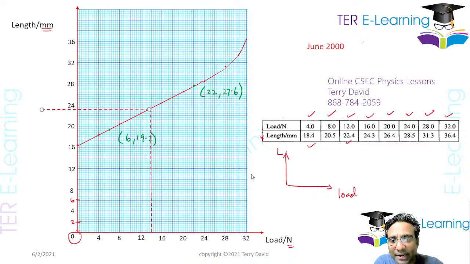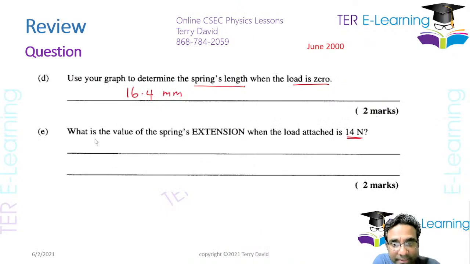So that is around 22, 22.4, 22.8, 23.2. So that's around 23.2 millimeters. So that's my length. So from the graph, L is equal to 23.2 millimeters, right? But here's the thing, this is not the answer.